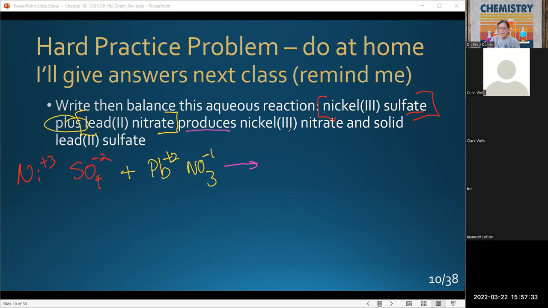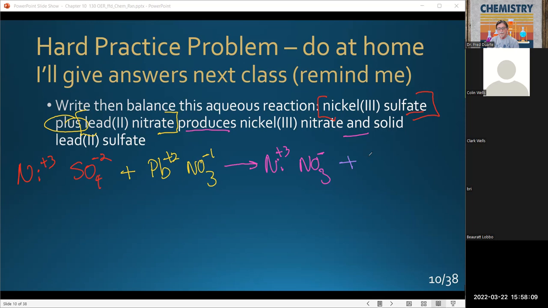Produces, okay, nickel 3, so we're still dealing with nickel, Roman numeral 3, so that's a +3, and the nitrate, which is NO3 -1, and the "and" is an indication of a plus, and tells you plus solid lead 2 sulfate.